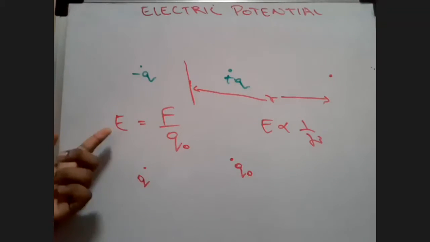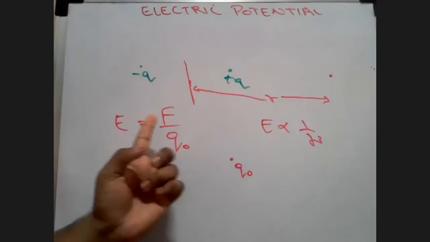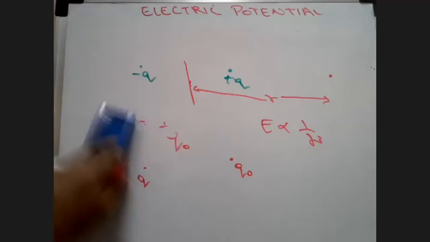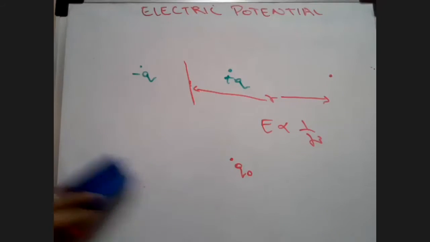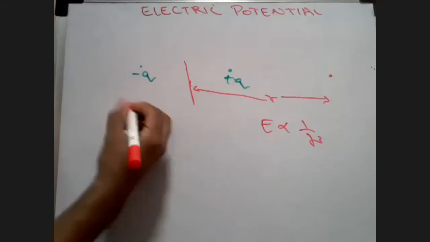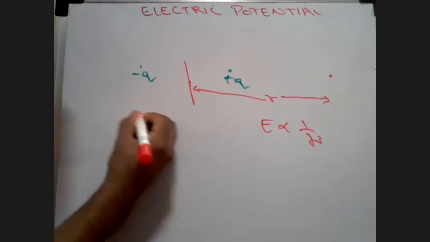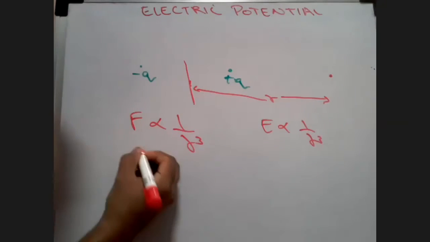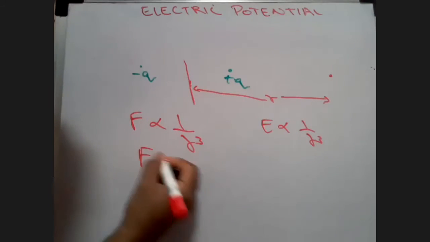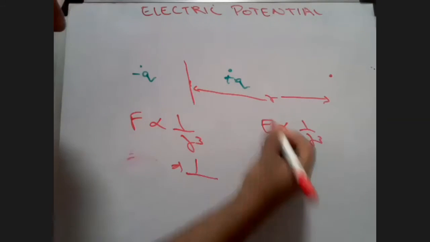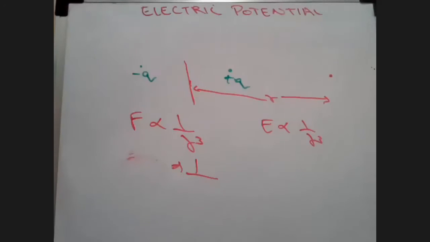So if E is inversely proportional to r cube, by this equation I can say F is also inversely proportional to r cube. So F is also 1 upon r cube. And what will it be equal to? The question was to double r.